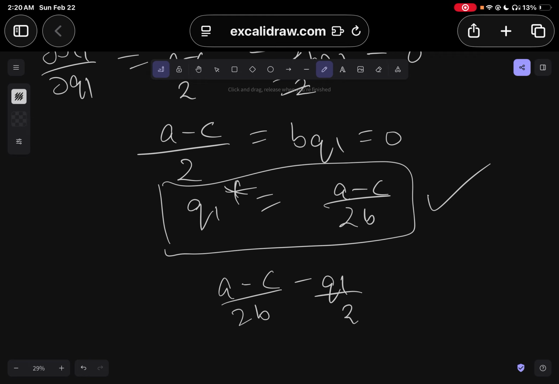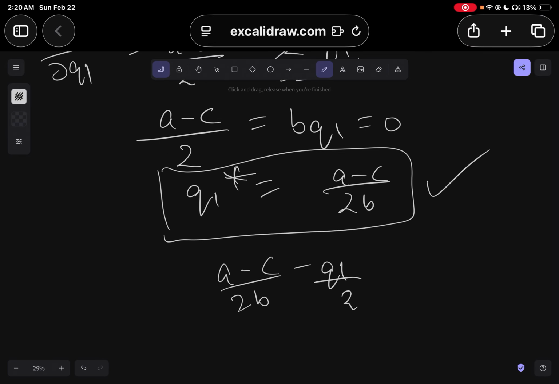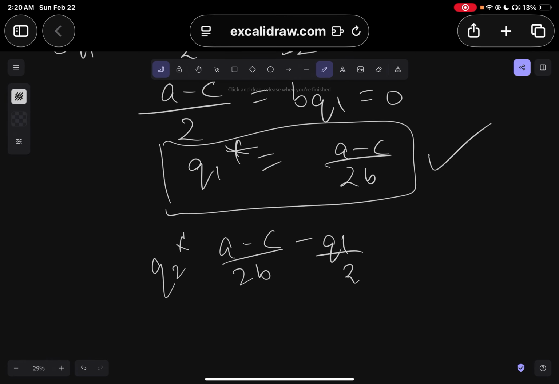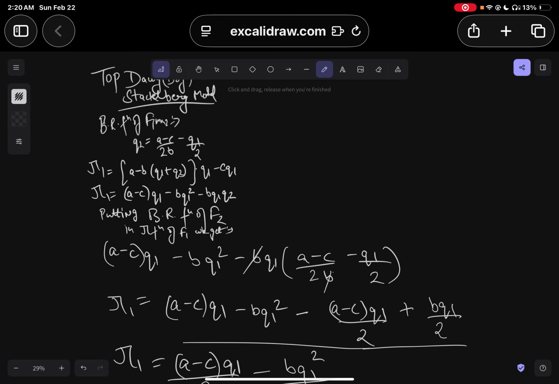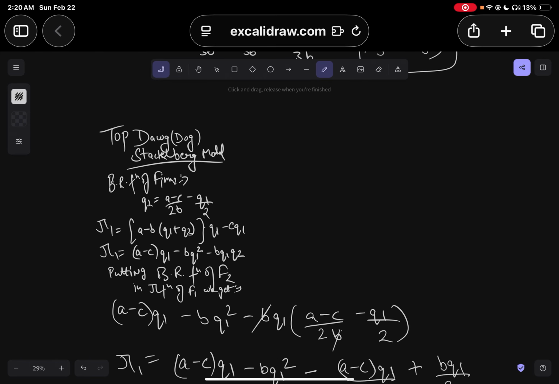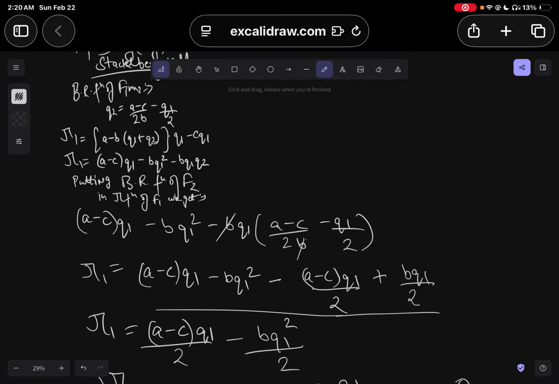I guess this was the one fourth of the market. Total production done is three-fourths of the market. Let me just recheck that this was right. It was the best response function of Q2. Yeah.